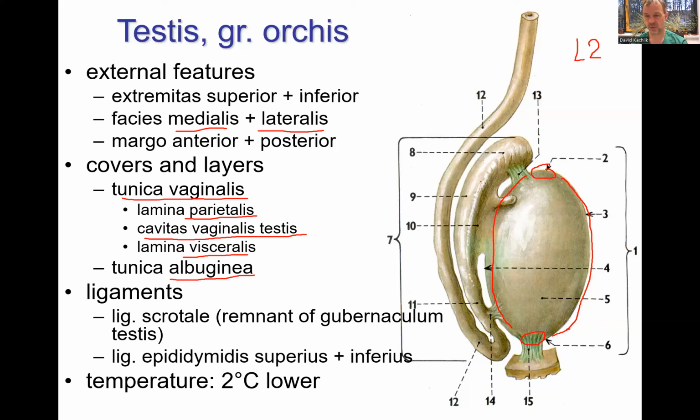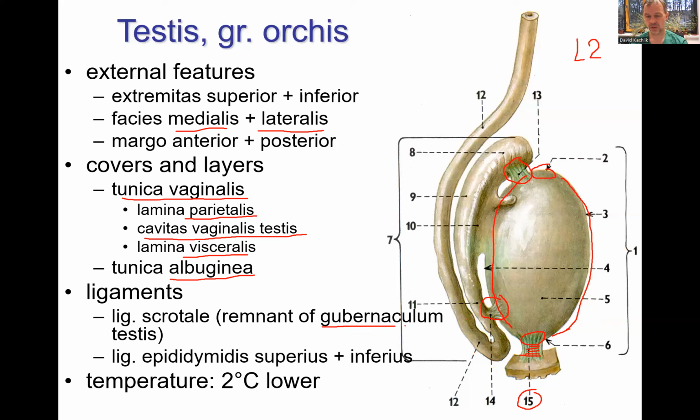2 are very small and they just fix testis to epididymis, so superior and inferior epididymal ligament, and a scrotal ligament here, number 15, which is located caudally, and it's a remnant of fetal tissue.